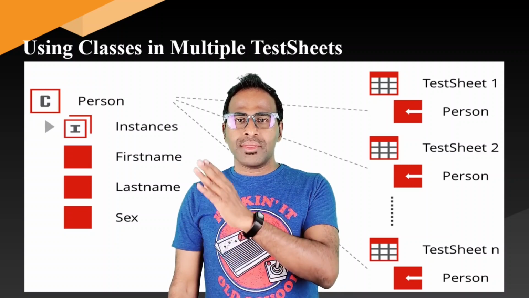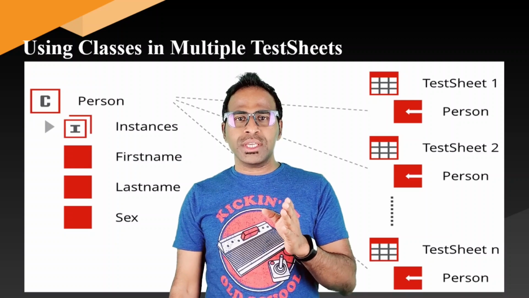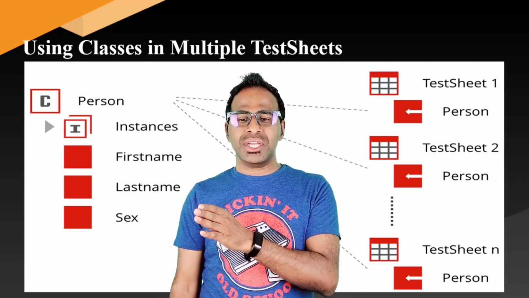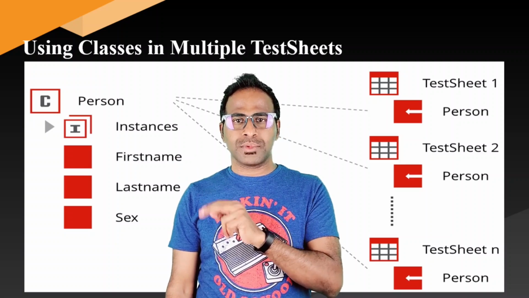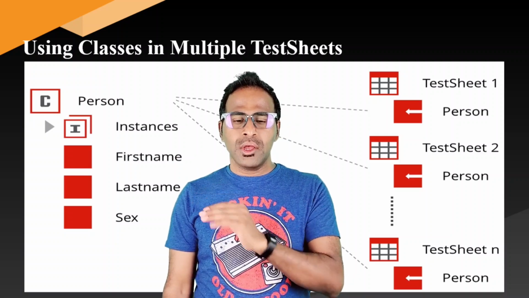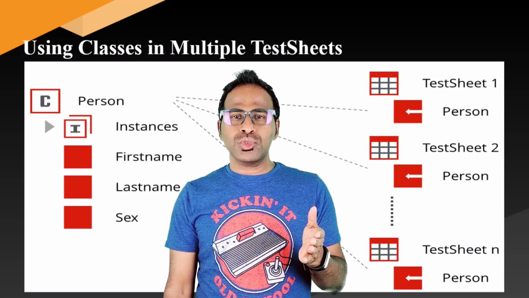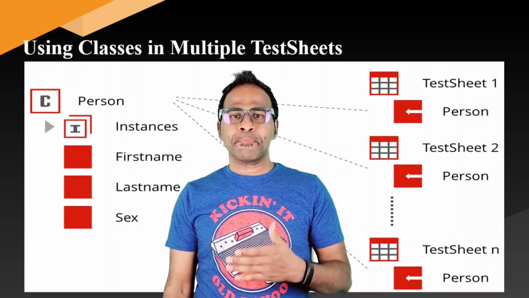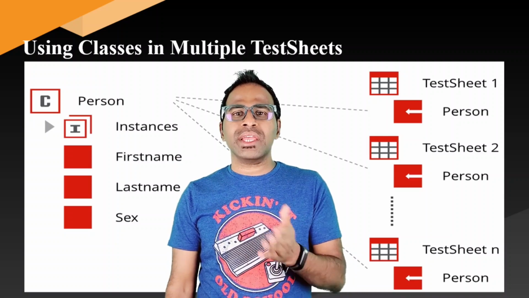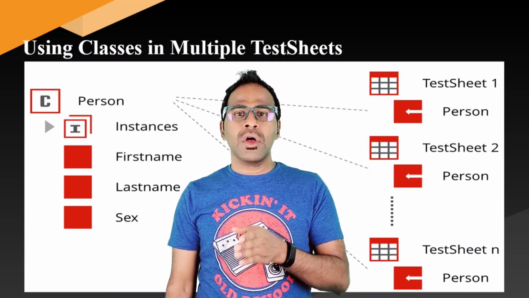And because you are using a class in a particular test sheet, the attribute will be shown as a reference. This is how you can use your classes in multiple test sheets instead of creating the combinations and attributes again and again, which saves a lot of time.